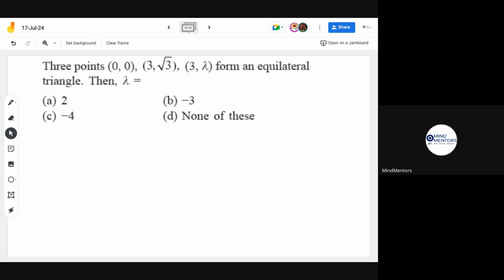What are the properties of an equilateral triangle? All the sides are equal and all the angles are 60 degrees. So angle is none of our interest in this case. Although you can use the angle to solve this as well, that's not our interest right now. So we'll just focus on the distance formula. So try using the distance formula, see if you can solve it.